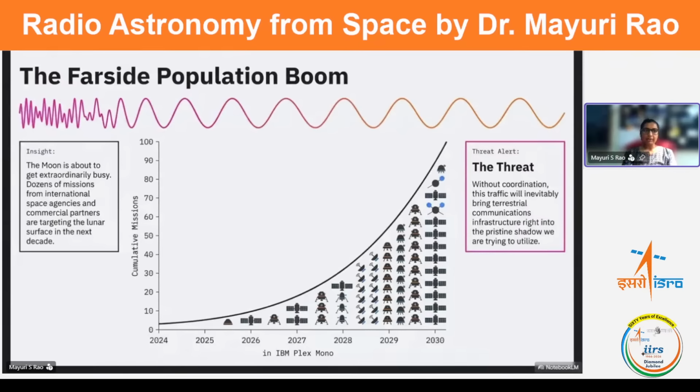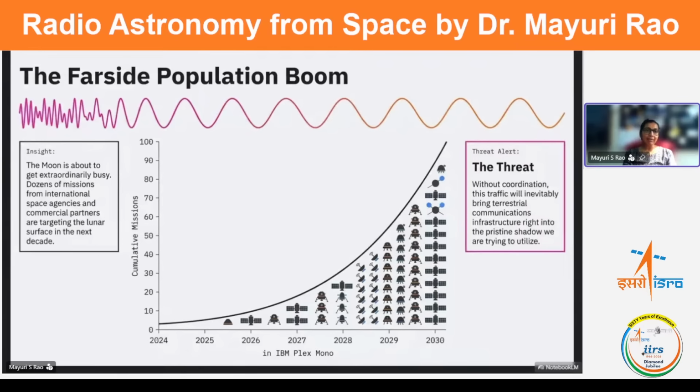But just to remind you that we are not the only ones trying to do this. There are many groups across the world who are trying to do this. But there are also other interests in orbiting the moon. There could be a lot of commercial interest to start deploying things on the far side of the moon.